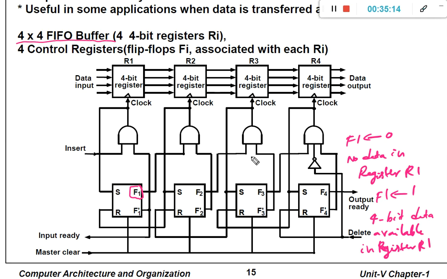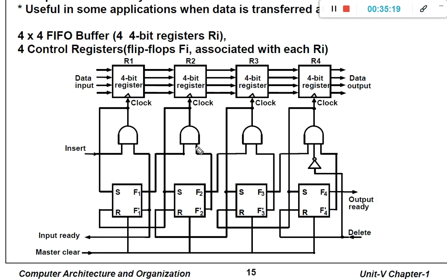Okay. Now how is the data transmitted? Whenever the F1 bit in the control register is set to 1, that is F1 is equal to 1 and F2 is equal to 0, what does it mean?